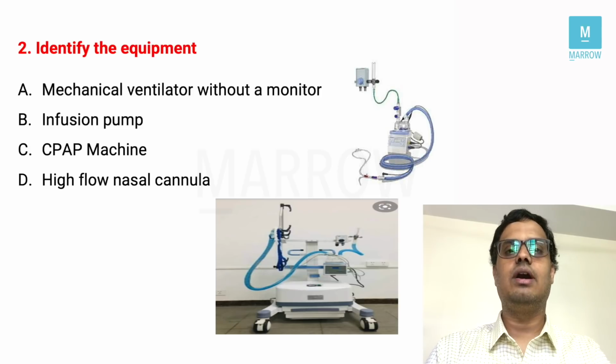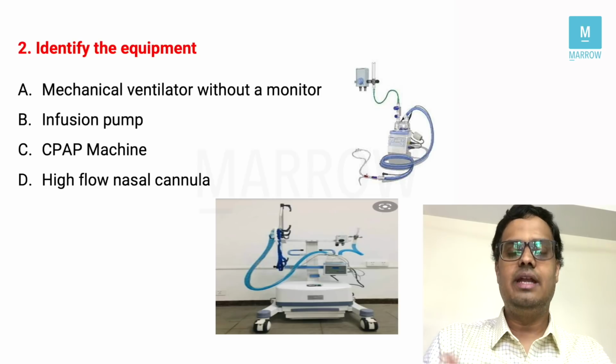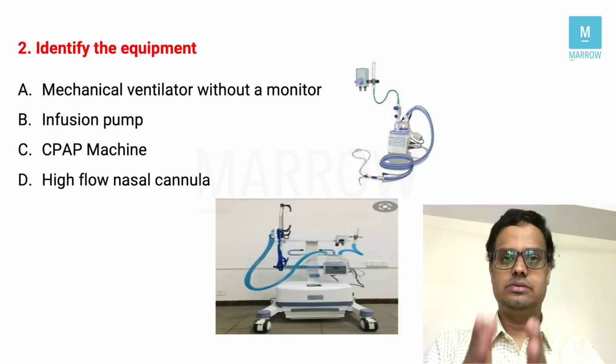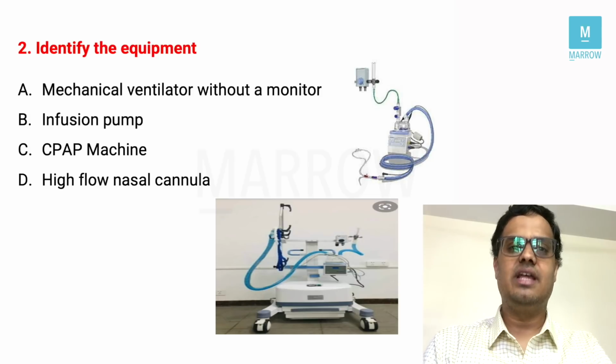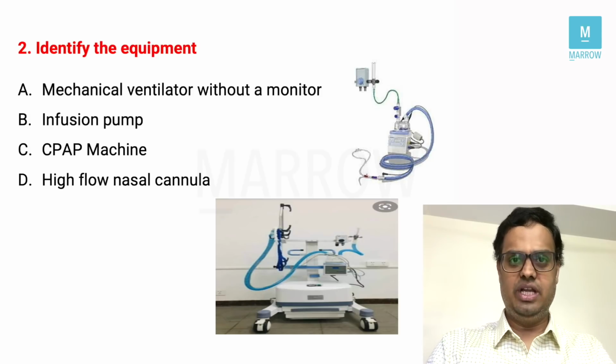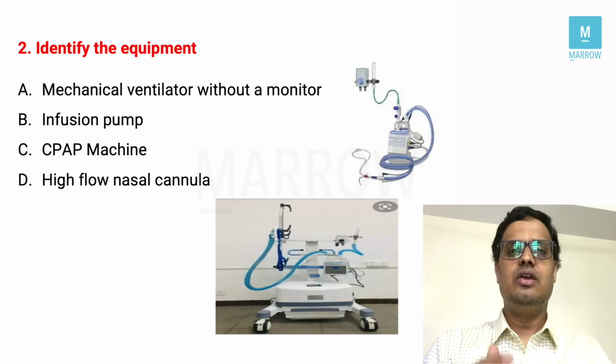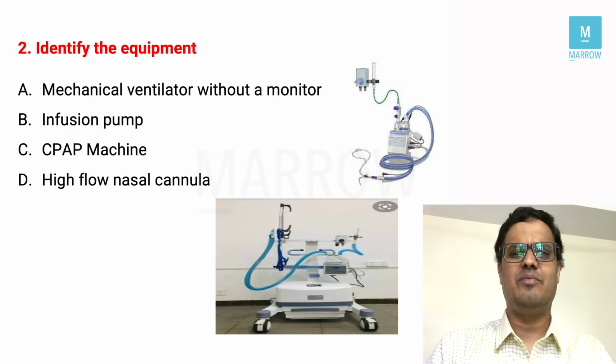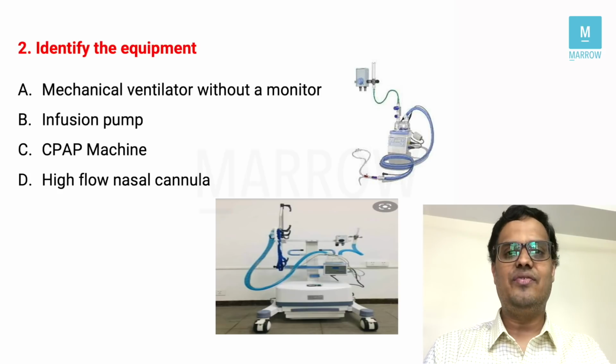So how much is your minute ventilation? It increased to 10 liters. So in a mild dyspneic patient, when the respiratory rate is between 20 to 30, your minute ventilation will be somewhere around 10 to 15 liters per minute, approximately. I am not very good at maths, right? So 10 to 15 liters per minute.